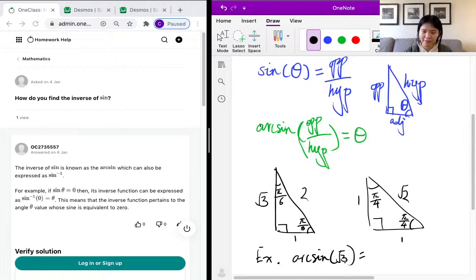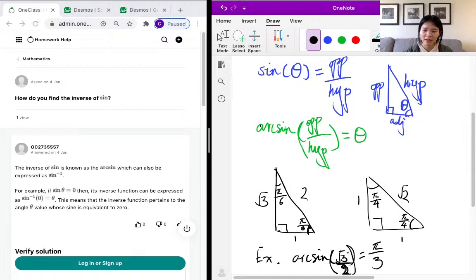So the question is, for which angle is the opposite over hypotenuse √3? It was actually quite straightforward to see. This answer is pi over 3, which is this angle right over here. Actually, let's change the question to asking us to find the arc sine of √3 over 2.